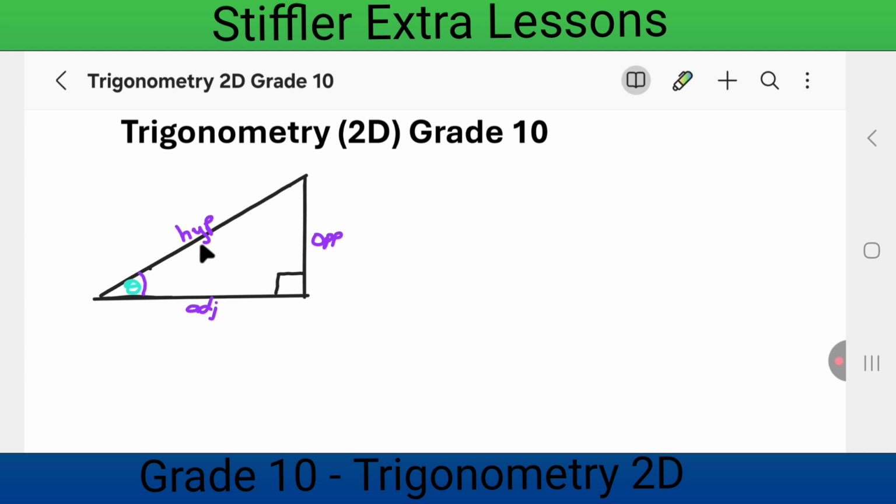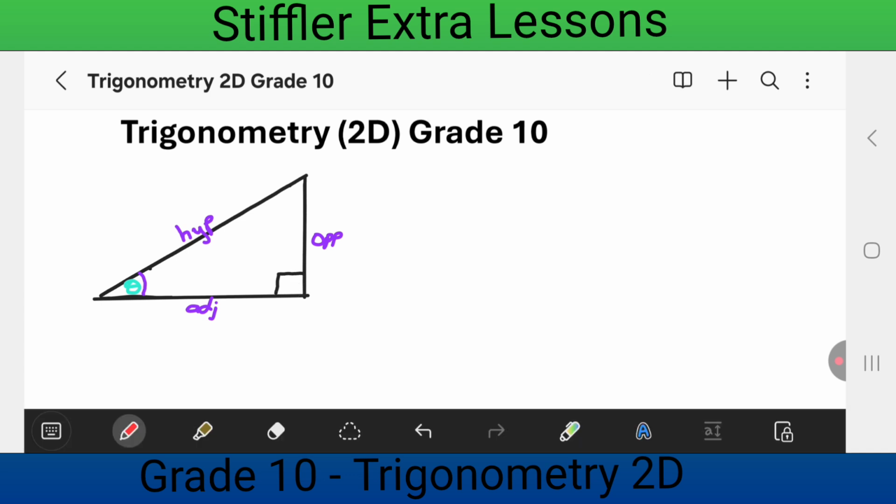Just like if we're having a triangle here, not just any triangle but a right angled triangle. What do we know every time we are having a right angled triangle with an angle theta there? We always know that the sine of theta is equivalent to the opposite over the hypotenuse, right?